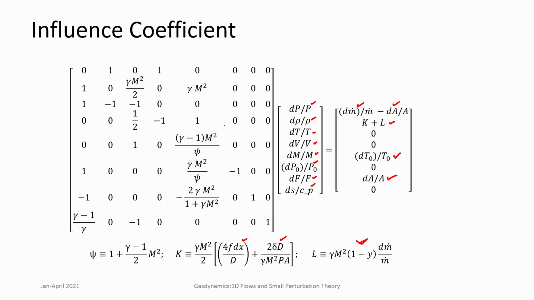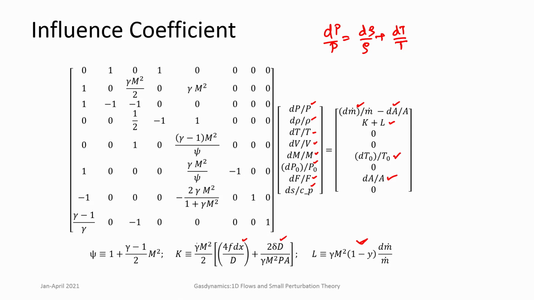So, each of those equations can be written in a matrix form. For example, dP by P is equal to d rho by rho plus dT by T. This can be expressed completely in matrix form over here. If you do the proper multiplications, you will find that equation.